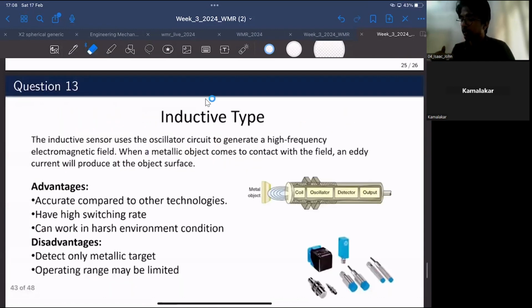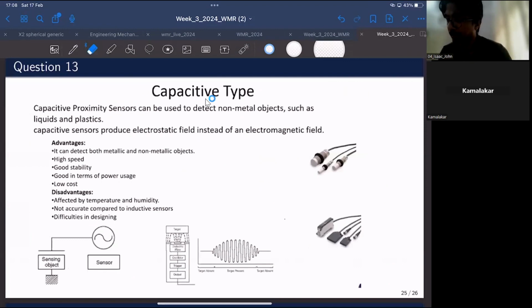And if you go to one more slide, this is also a screenshot about capacitive sensors. Capacitive sensors detect the change in capacitance due to the presence of an external object. So if the capacitance between the two plates changes due to the change in the dielectric medium, or due to the presence of an external body, there will be a change of capacitance, and hence a change of current passing through that capacitive sensor.